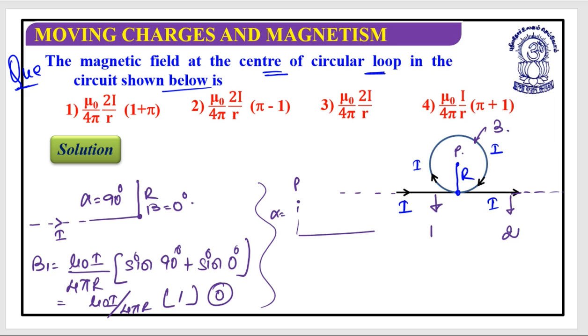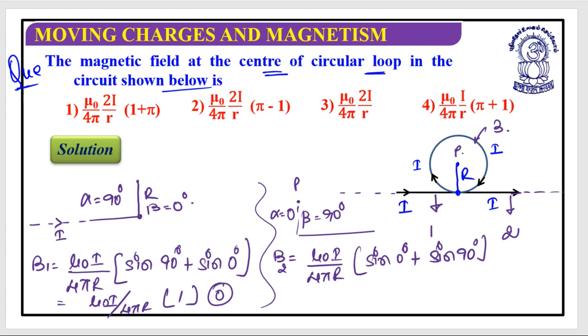Here alpha is equal to 0 degrees and beta is equal to 90 degrees. So the magnetic field due to the second segment is mu naught I by 4 pi R multiplied by sine 0 degrees plus sine 90 degrees.